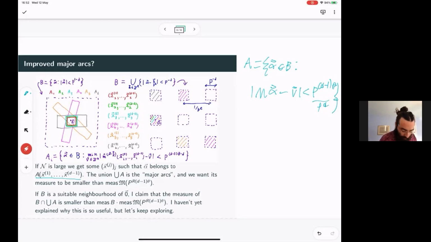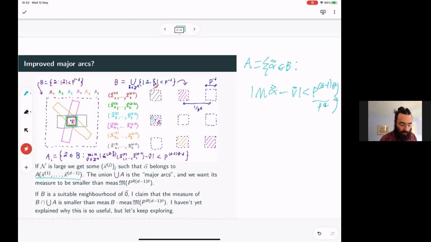what I've done is I've taken a p-adic neighborhood of the origin. So that's this set B here, where I've taken a prime little p, so I've tried to write capital P and little p sufficiently differently. And I've taken the set of alphas which are within a small distance of some rational number with denominator dividing p to the e.